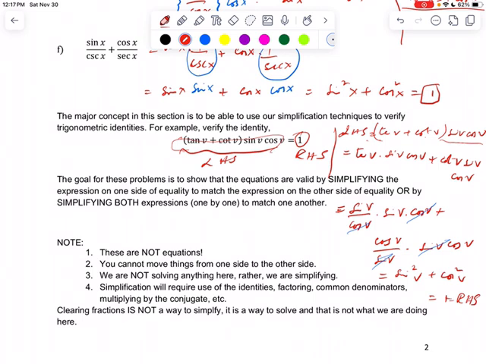So we have shown that if we start with the left hand side, what we get is the same thing as the right hand side. That's how we have proved, or verified, the identity.